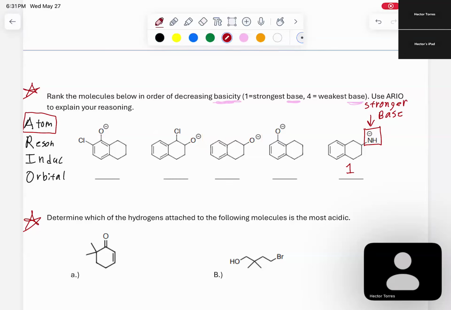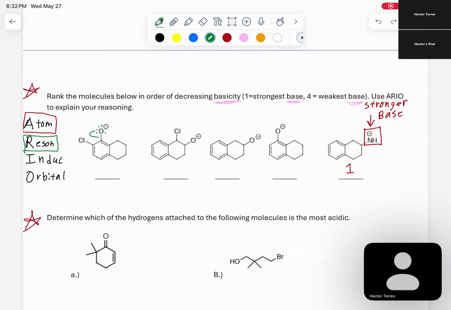Now we have to look at resonance. According to resonance, how do these differ? This one right here has all those valence electrons, and then all these double bonds inside.